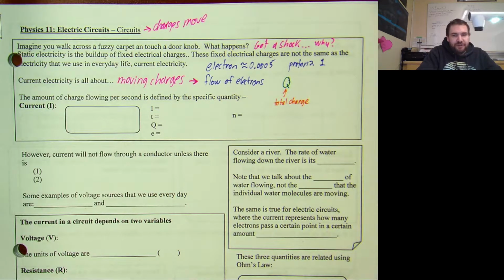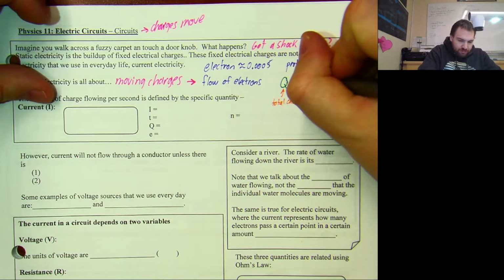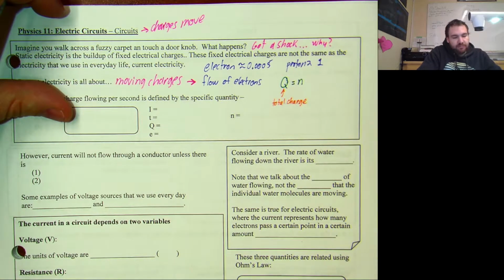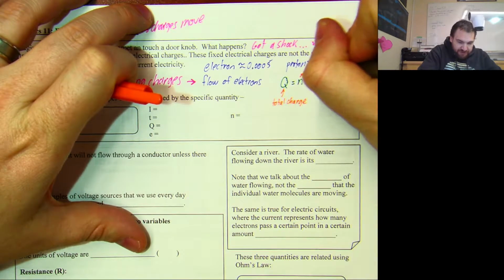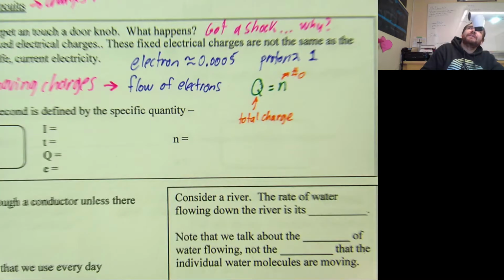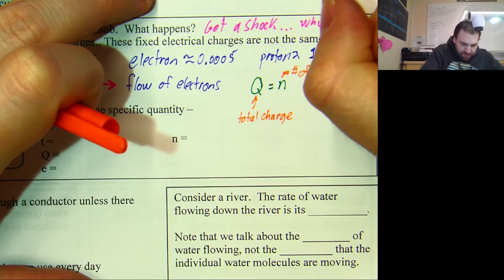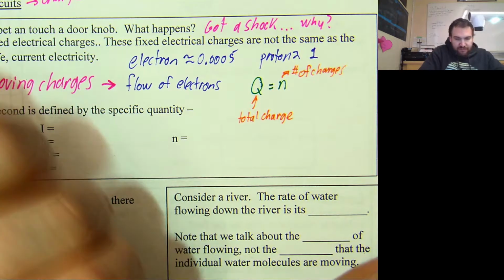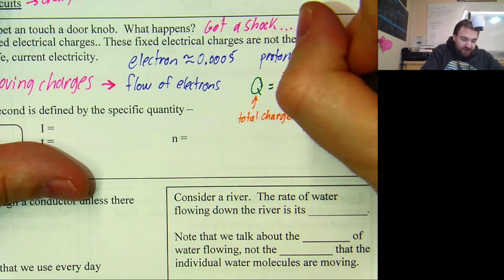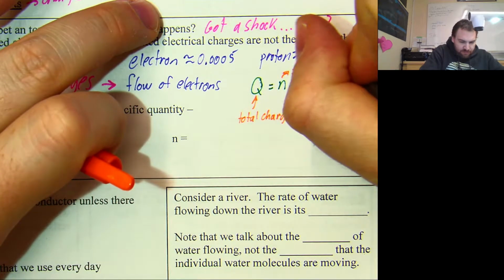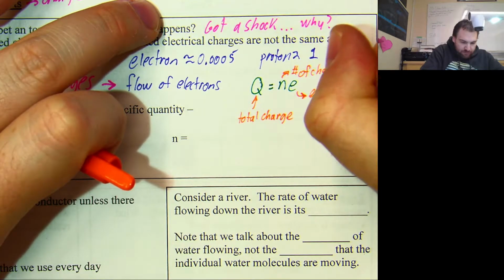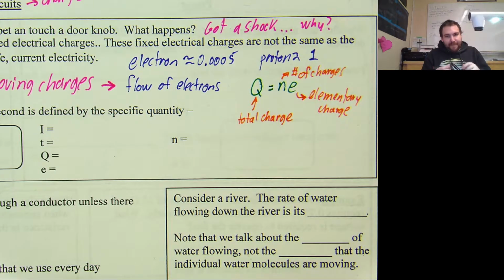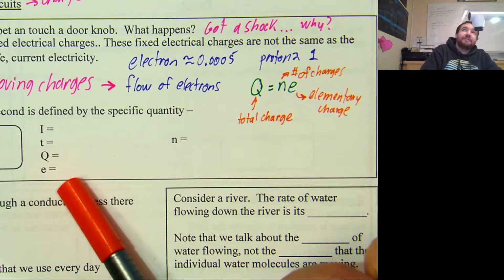And what we do is we give total charge as a multiple n, which is just the number of charges, times the fundamental charge, or the elementary charge, which is E. I'll give that to you down here in this section.